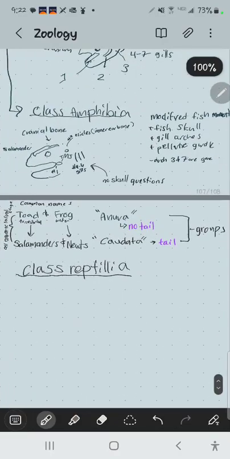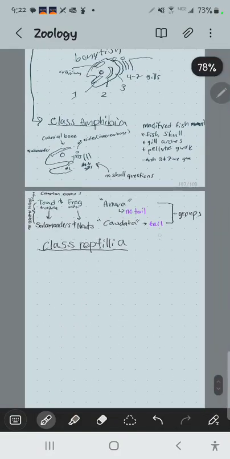On Thursday, I'll talk a little bit more about this, but there is an amniotic egg, or amniote egg, that enables these to no longer need water for the larval development. Instead, the larvae, or the immature, develops inside of a shell, an egg, that has that water environment.